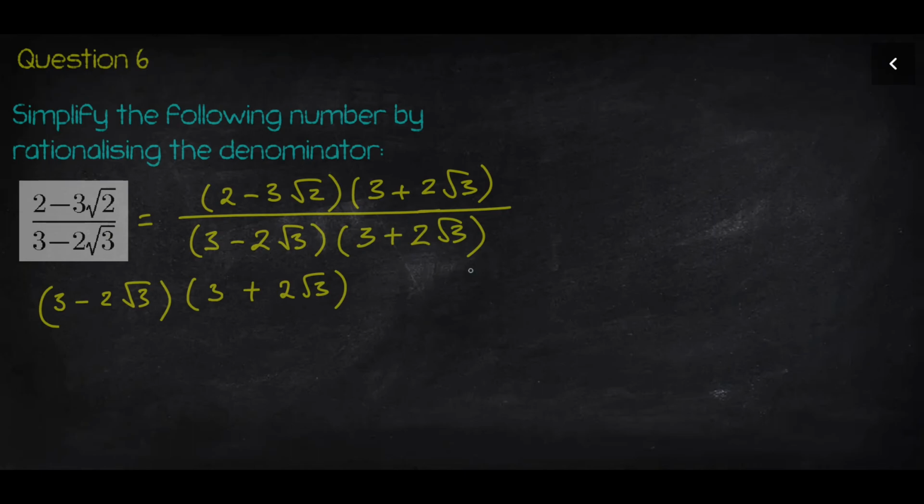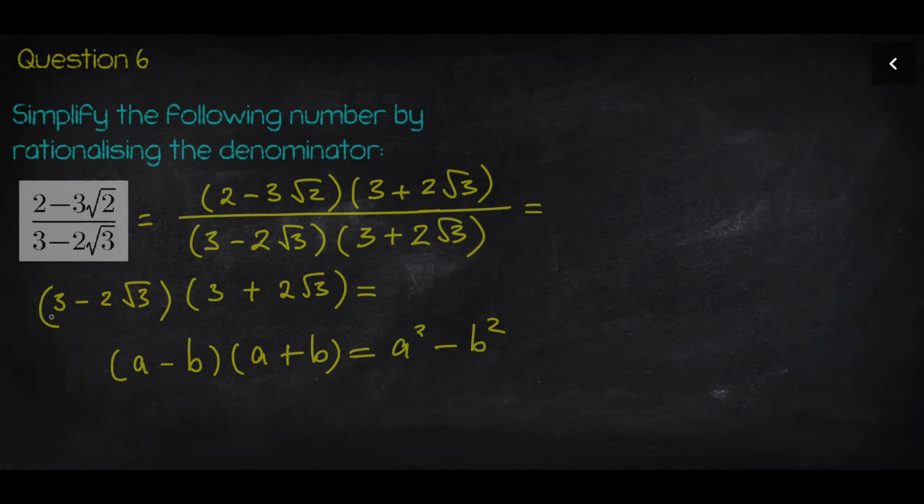Now, what are you going to do? How does it work? You just remember the formula of the difference of two squares that works in this way. So if you convert into exponents, you'll get a squared minus b squared. That means here in the bottom part, it works the same. It's going to be 3 squared minus 2 square root of 3 everything squared.